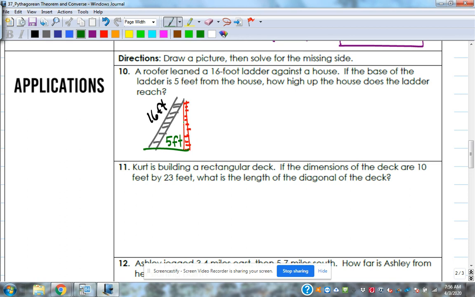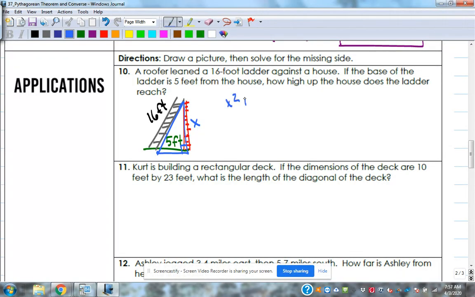So what we've done is create a right triangle here. We have the hypotenuse, the ladder, which is 16 feet, and one of the legs is 5 feet. We're looking for how high it goes up the wall.